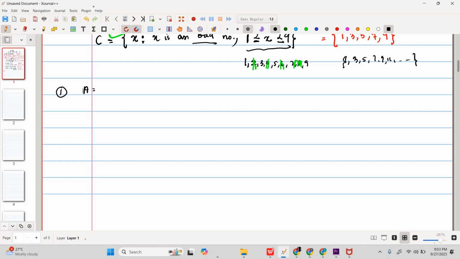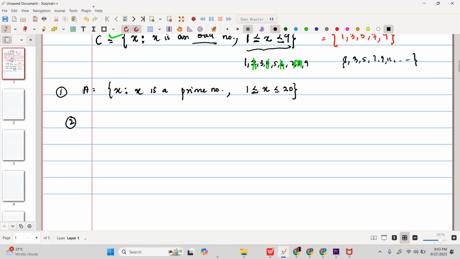So you have to convert the set builder form into roster form, and the roster form into builder form. The first: A is the collection of all x such that x is a prime number, and 1 is less than or equal to x less than or equal to 20.